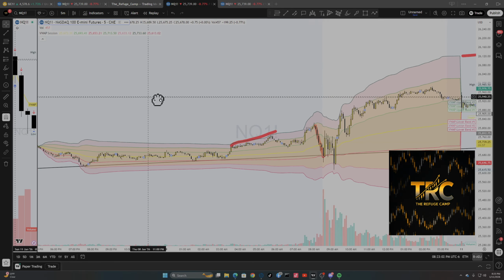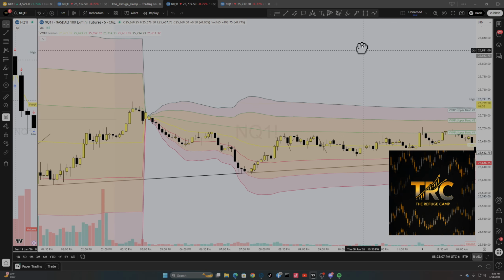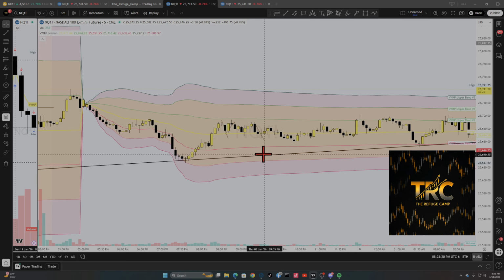Let me get this to zoom in here. And this was using exactly that same thing I explained to you guys earlier about putting the trend line down, waiting for a break, waiting for a retest, right? Except you're seeing my trend lines on a 5-minute chart that were placed on a 1-minute chart, so they don't really look anatomically correct.